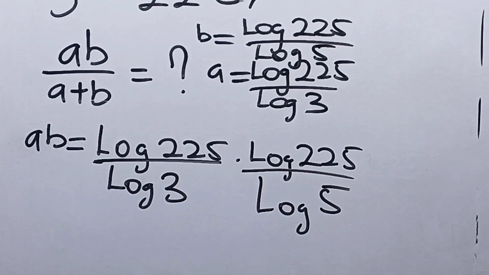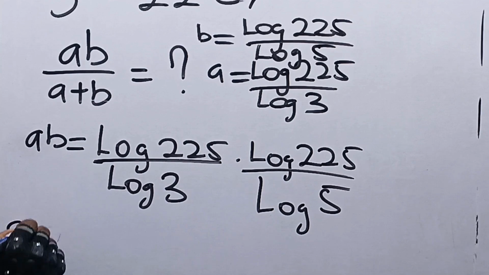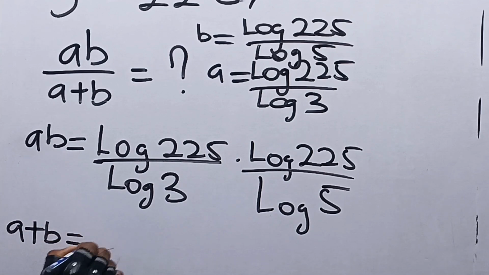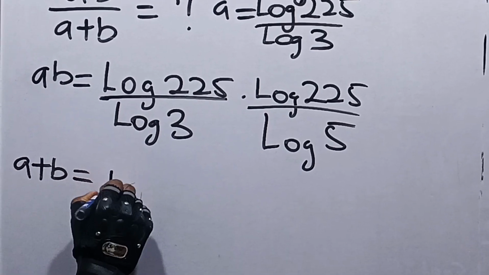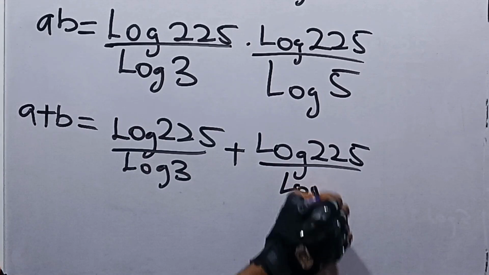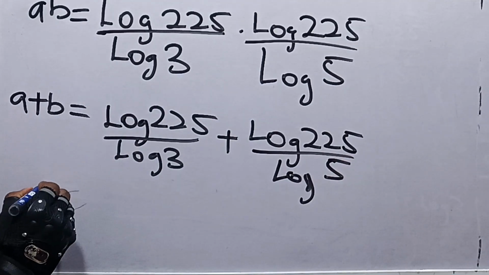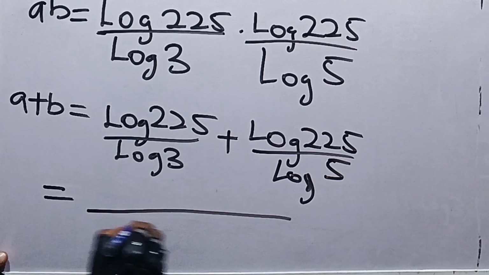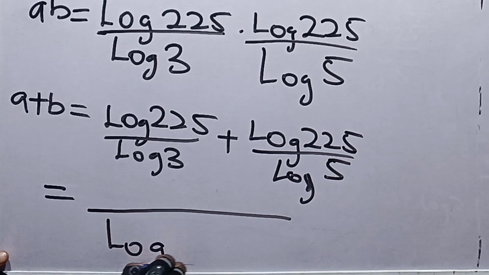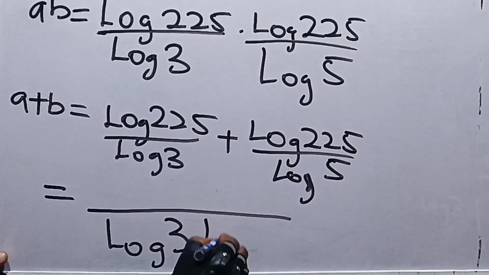Now our a plus b, on the other hand, is equal to the same thing but plus now. Adding up, this becomes equal to log 3 multiplied by log of 5.